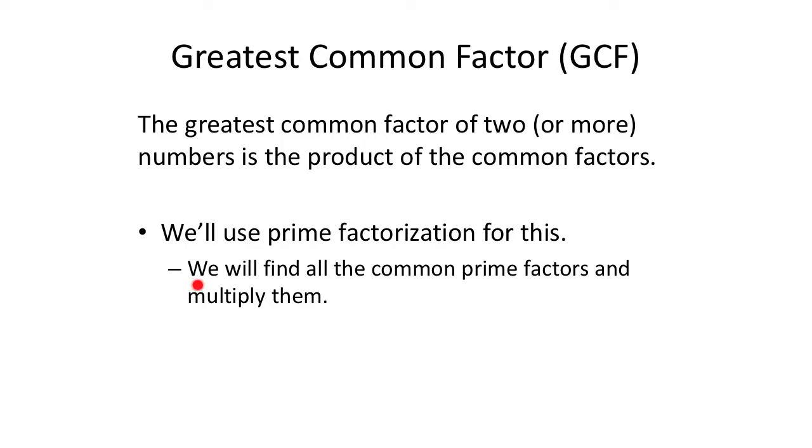So we're going to find all the prime factors, and all the common prime factors that we find, we're going to multiply those together. That's all you have to do to find the greatest common factor. First, find your common prime factors, and then multiply those together. That tells you what the greatest common factor is.